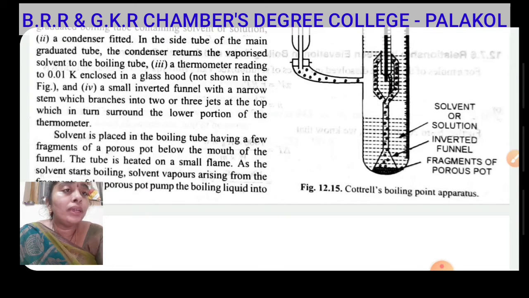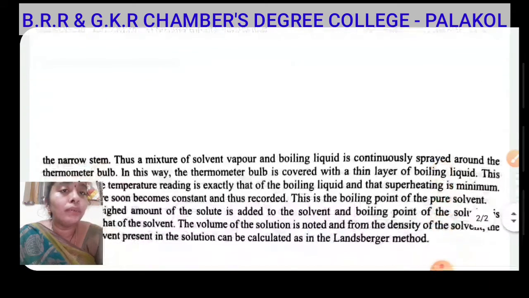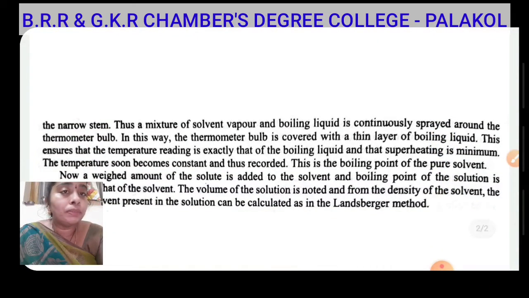As the solvent starts boiling, solvent vapors arising from the fragments of the porous pot pump boiling liquid into the narrow stem. This mixture of solvent vapors and boiling liquid is continuously sprayed around the thermometer bulb.